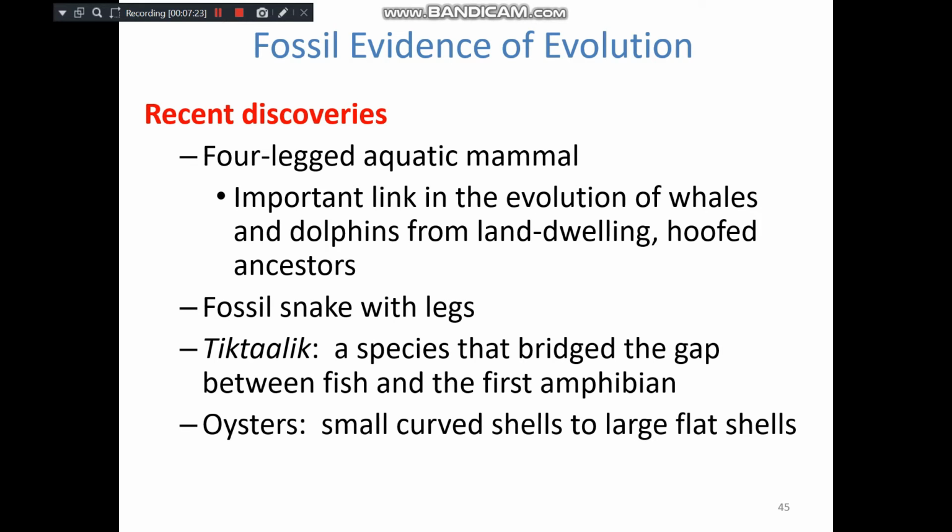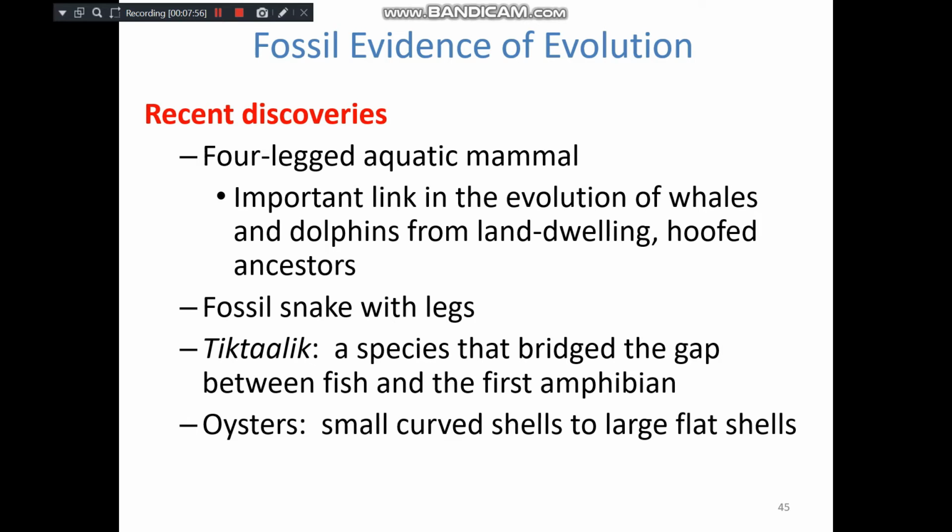Even very recently, we have collected so many discoveries. Four-legged aquatic mammal. Tetrapods, the four-legged ones, are the common feature in the terrestrial habitat, but we even got some four-legged aquatic mammals. It's an important link between the whales and dolphins and the land animal, because we say that whales, dolphins, porpoises, seals are all secondarily aquatic.